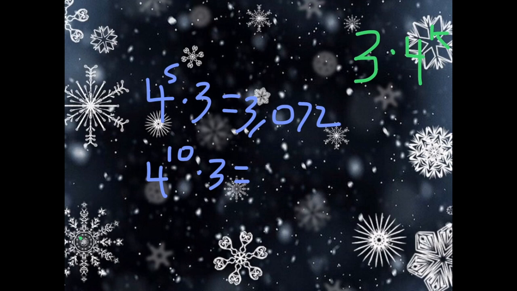So for the 5th iteration, we take 4 to the 5th and times that product by 3 to get 3,072 sides. And for the 10th iteration, we get 3,145,728 sides.